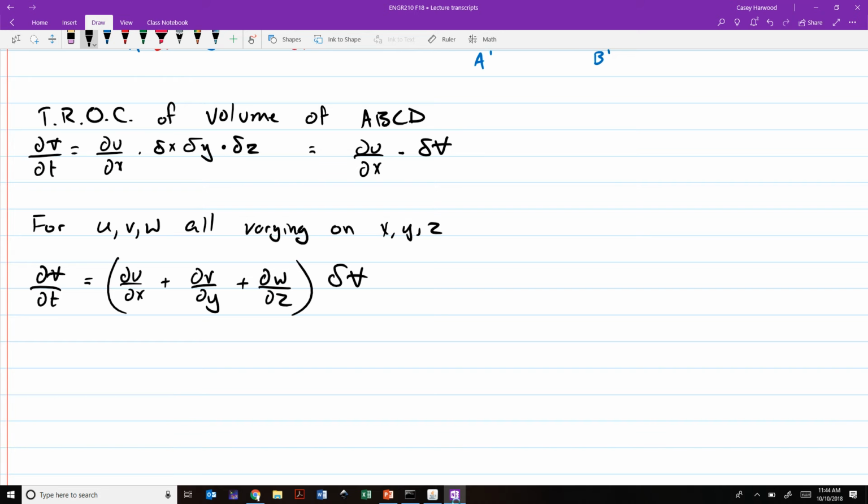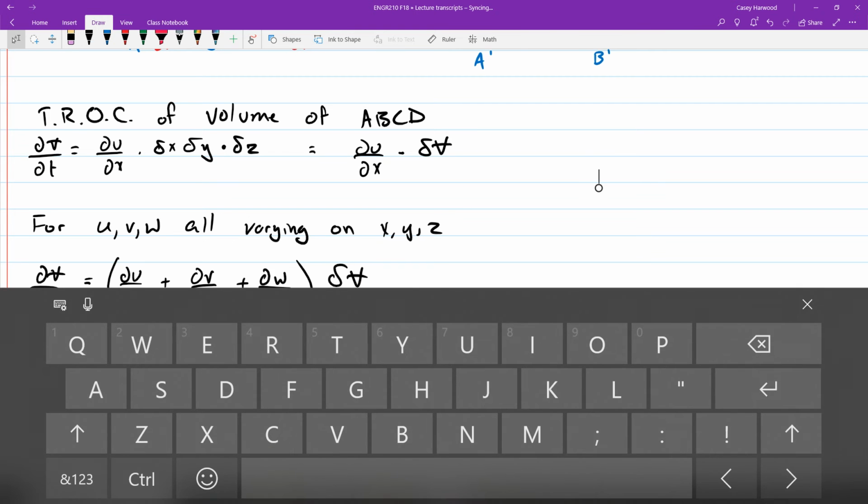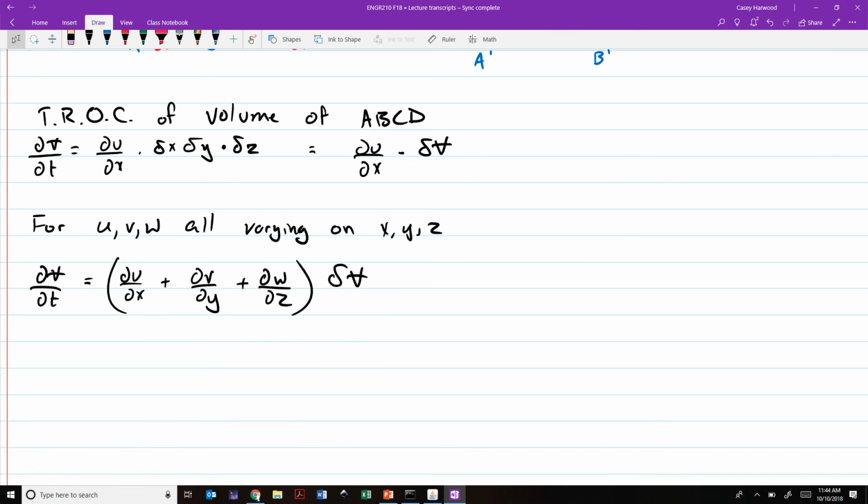So 1 over V times dV dt is equal to du dx plus dv dy plus dw dz.